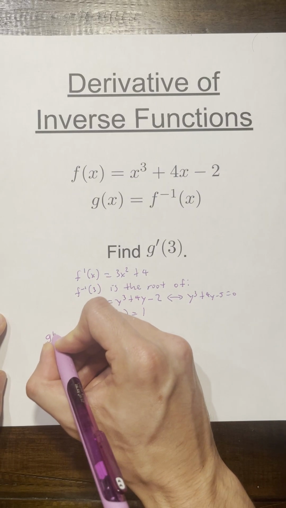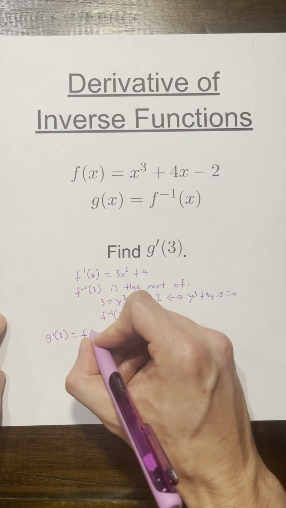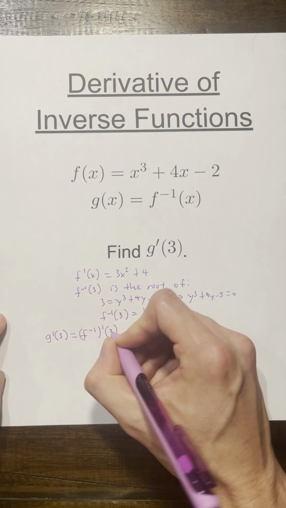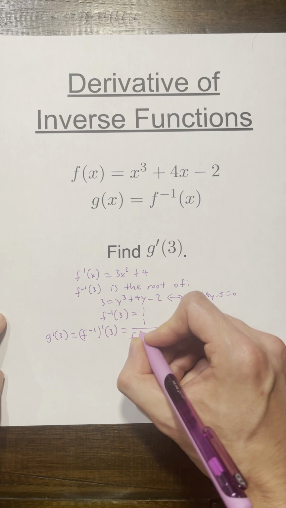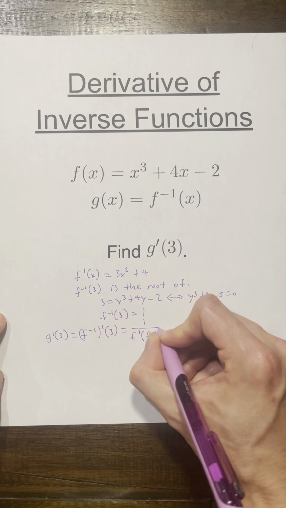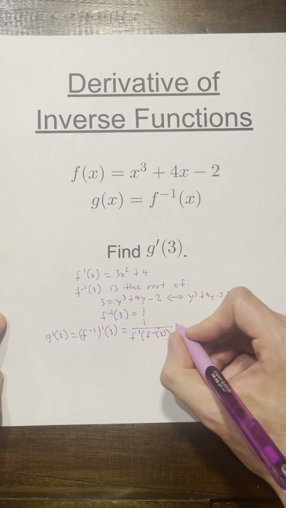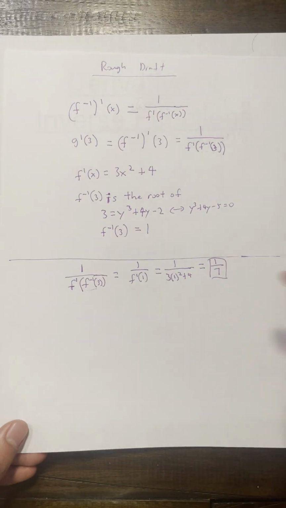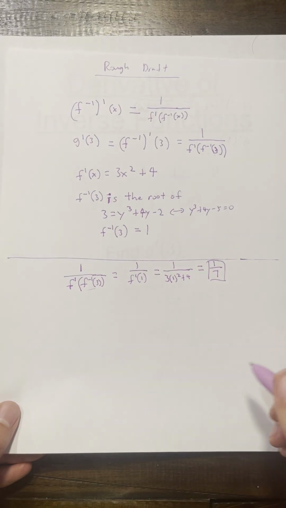So g prime of 3 is equal to f inverse prime of 3, which is equal to 1 over f prime of f inverse of 3. All right, and then let's go back here. Now we're going to copy this part. So start here because we already wrote this down.